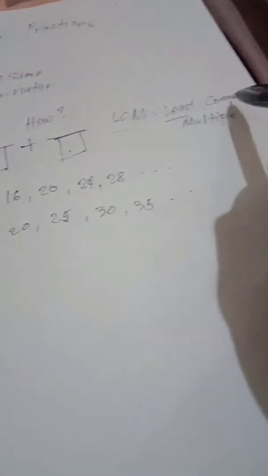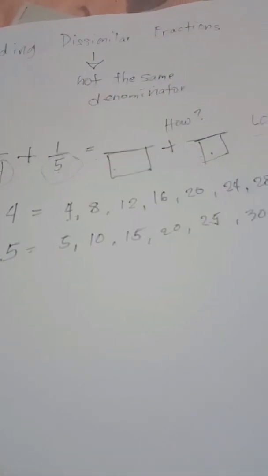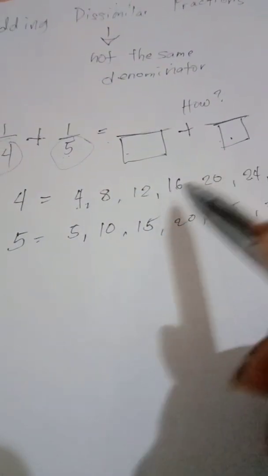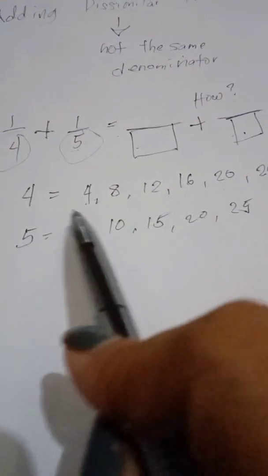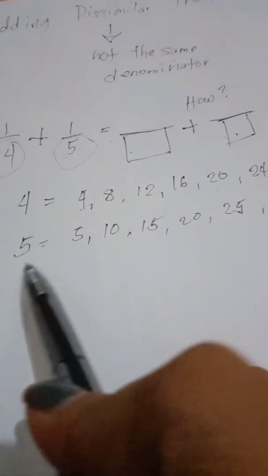But all we need to get is the least common multiple of the two numbers, 4 and 5. So what is the least common multiple, or LCM? You look for the first number in your lists that appears in both the multiples of 4 and of 5.